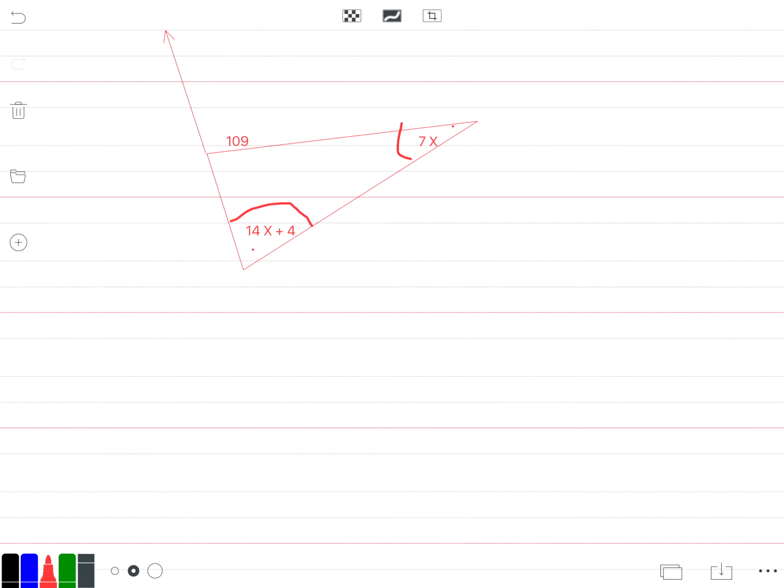So if you take 14x and combine it with 7x, because they're like terms, that's going to give you 21x plus the 4 equals 180. So that is one way you could attack this problem, is solve for x, and it will give you this missing angle here. So let's do that first, and then I'll show you the second way quick.